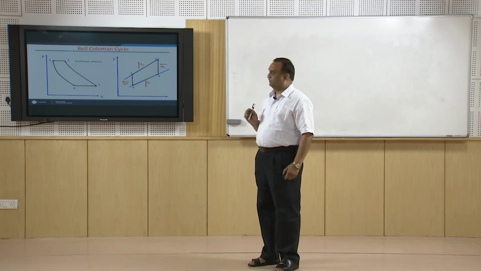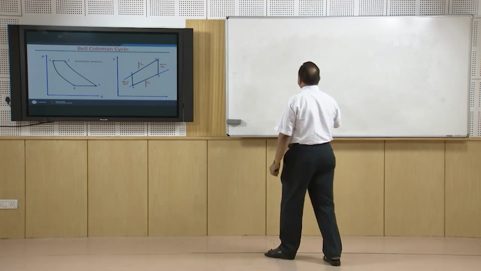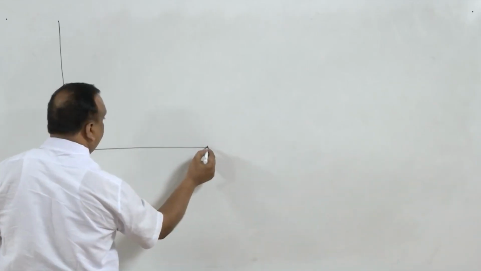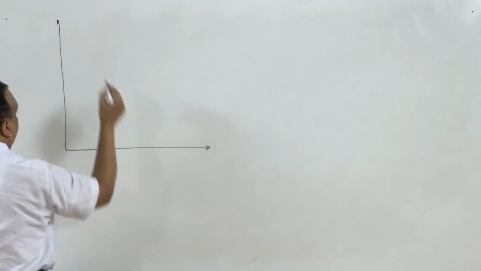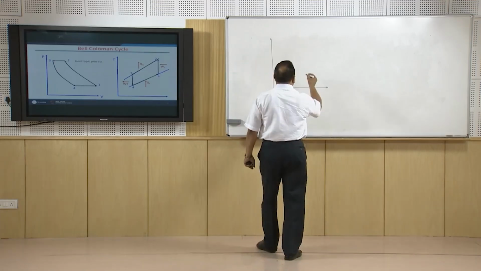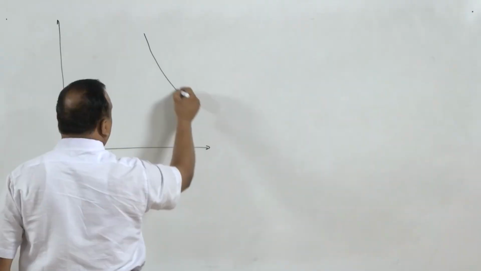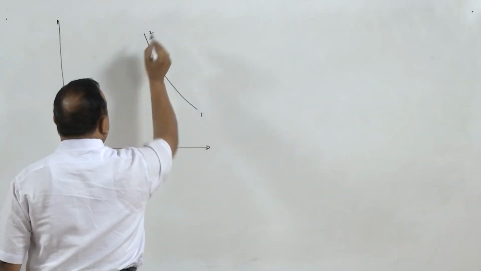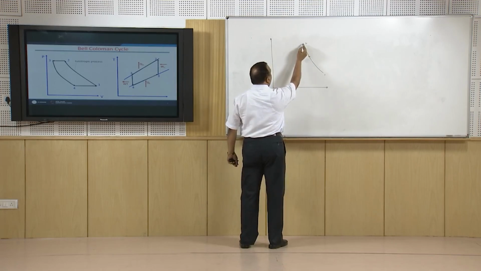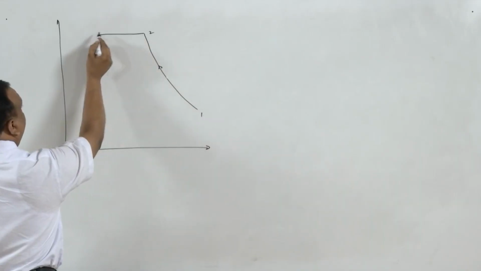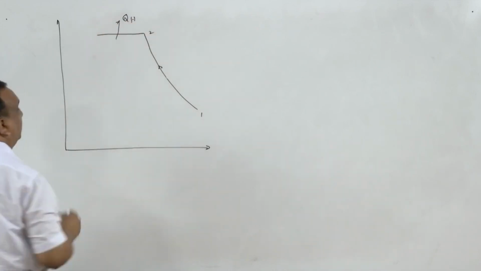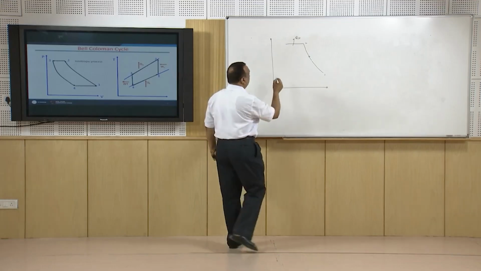or air is the refrigerant. Now if we show it on the PV diagram, first of all compression of air takes place from state 1 to state 2. After this compression, the cooling of air takes place, or heat is removed from the air during this process, so the temperature of the air goes down.